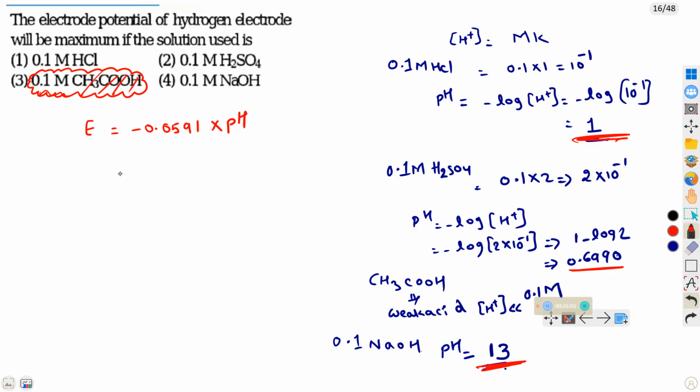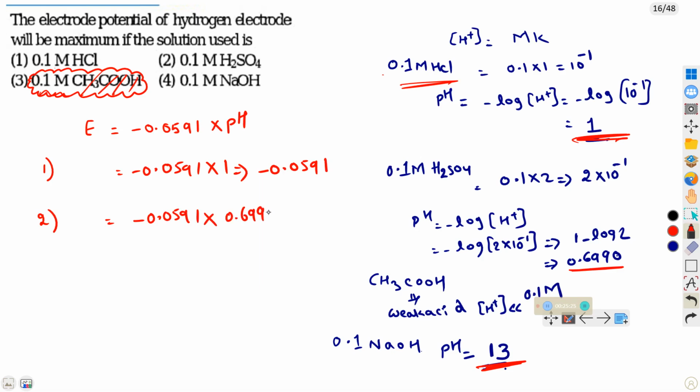The remaining three are strong acids. Calculate pH. The pH of 0.1 molar HCl is 1. For the first option, minus 0.0591 into 1, which is minus 0.0591. For the next option, minus 0.0591 into 0.6990.